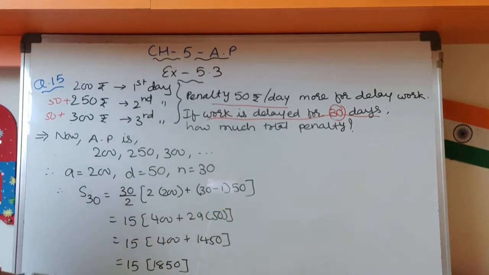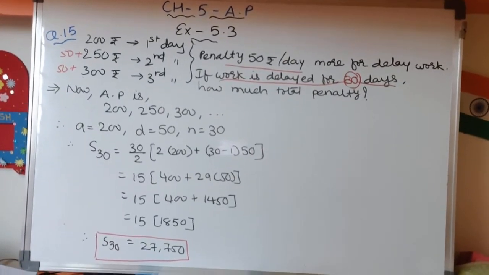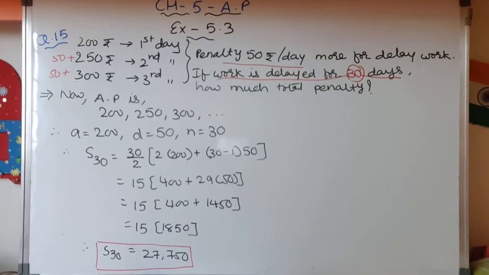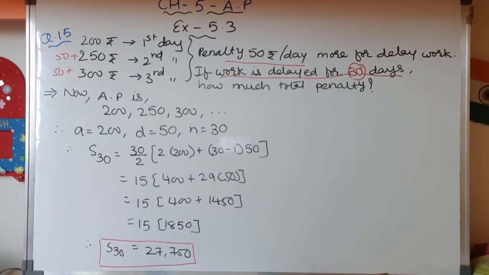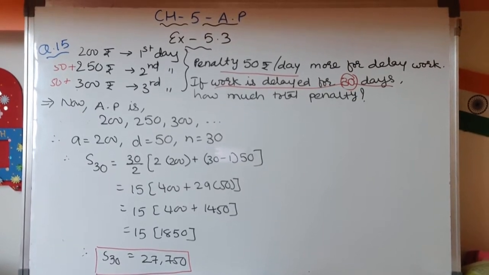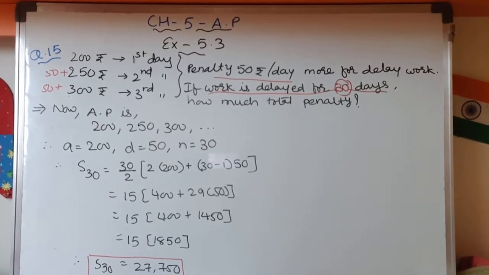After substituting the values, I got S 30 equal to 27,750. It means the contractor has to pay 27,750 rupees as a penalty for 30 days.